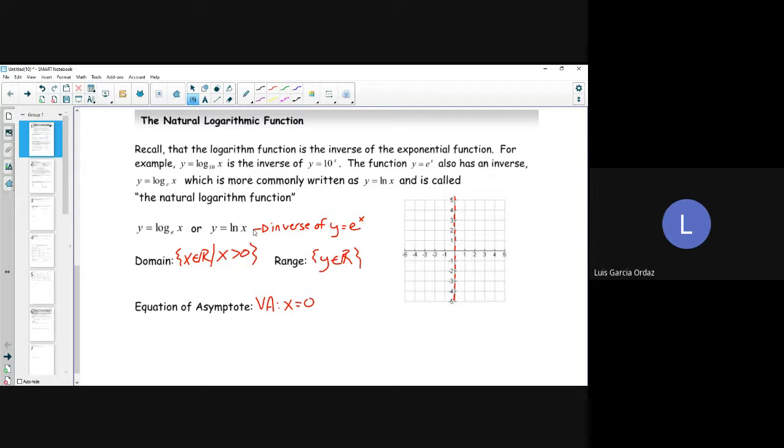Okay, so this is going to look like this. Again, this is just a sketch. So this is what my natural log function would look like. Again, this is just a basic definition, and it's nothing too crazy, but we will be using this throughout the unit.